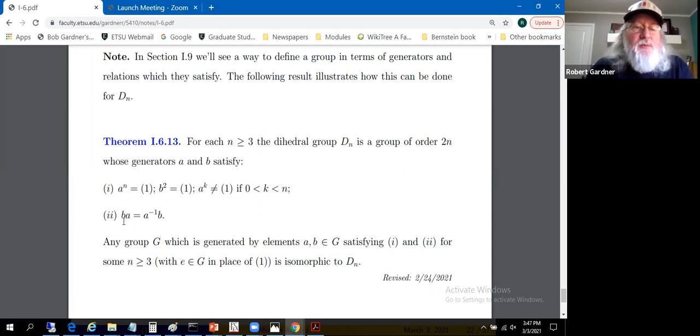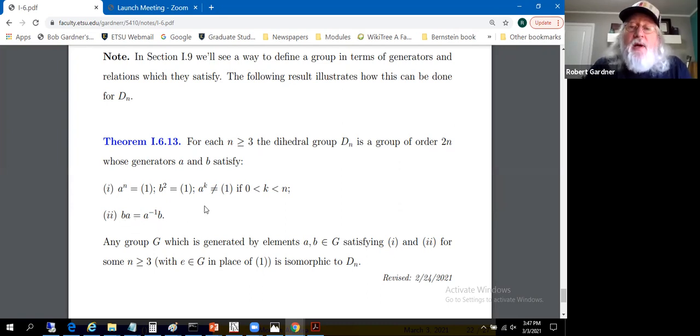And you have the relation BA equals A inverse B. This is how geometrically flipping followed by rotation is related to rotation followed by flipping. They're not commutative. Something happened here with the presence of an inverse element up there, which represents a rotation in the opposite direction.